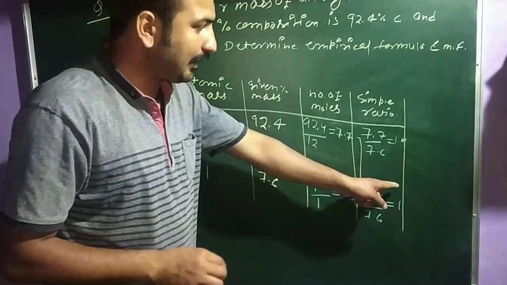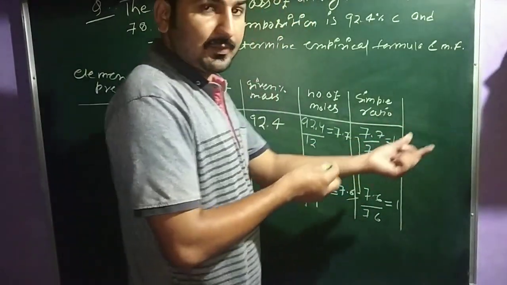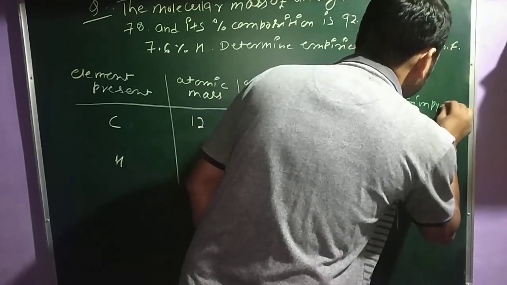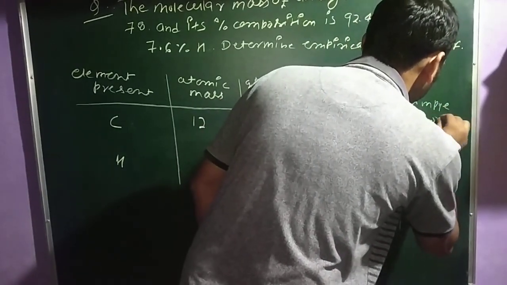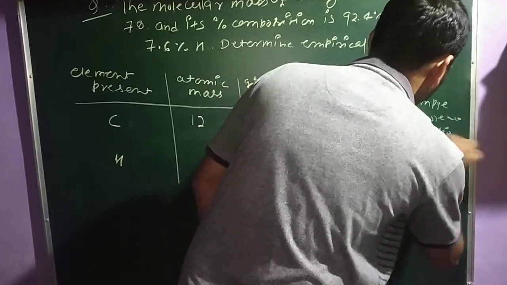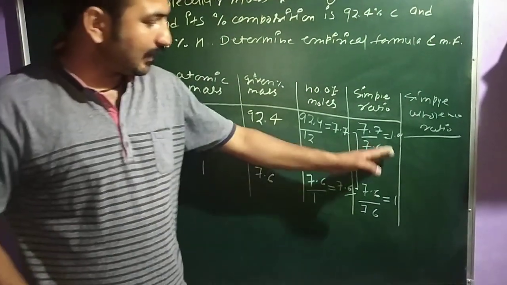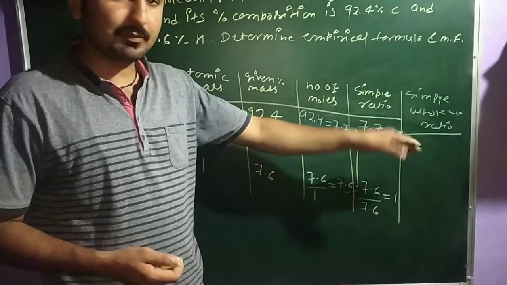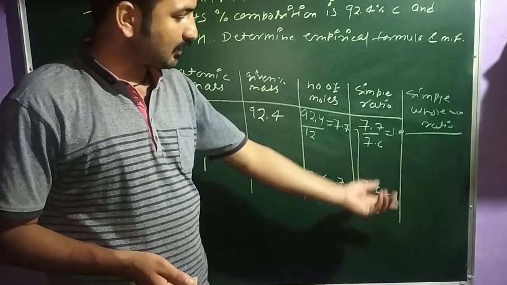Clear? 1 and 1. So we'll make a next step here, the simple whole number ratio. Clear? If your digits are not whole numbers, we will change these numbers to whole numbers. So now there is a whole number 1.